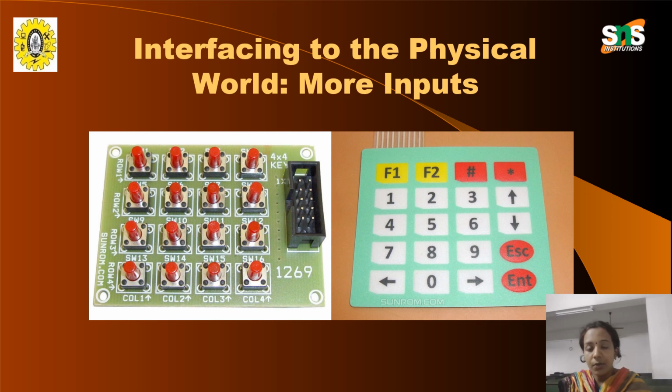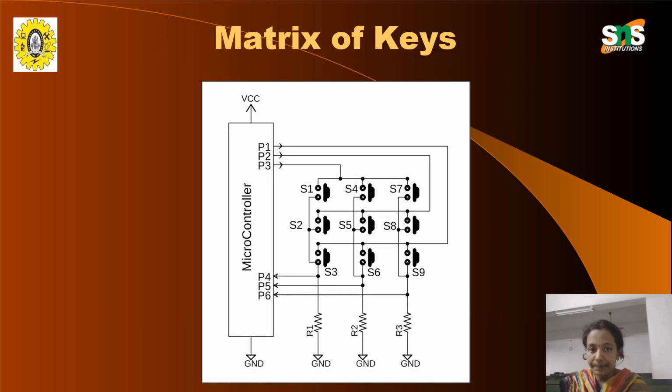Interfacing to the physical world through more inputs. As I told already, through touch screens, through devices, through external switches, through keyboards, through buttons, we can provide input to the microcontroller. So these are the input devices, like keyboards, a matrix of keys.